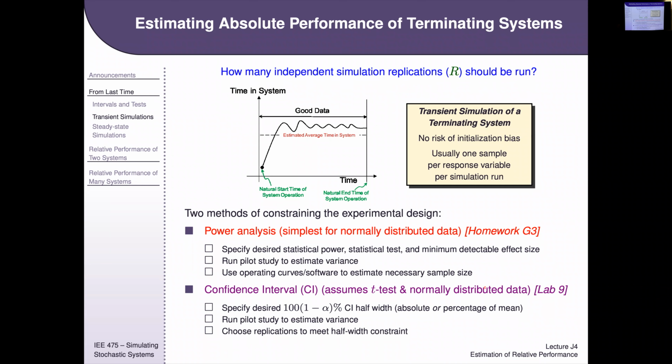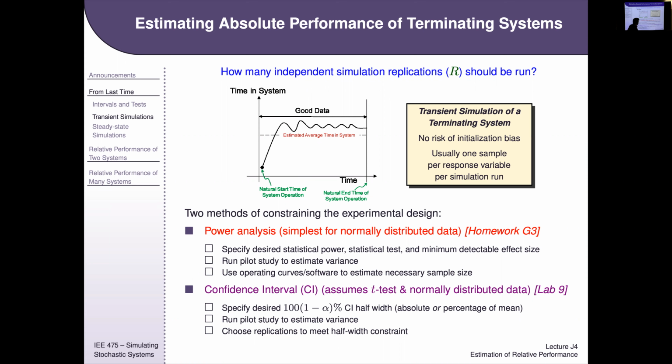The idea for lab 9 was that I give you a narrowness requirement for the half width. If you say, I need to run enough replications that my half width is within this sensitivity bound, then you can run a pilot experiment, and from that pilot experiment figure out how many more replications you need to bring the half width down, run those, and then if your half width is within the constraint, you're done.